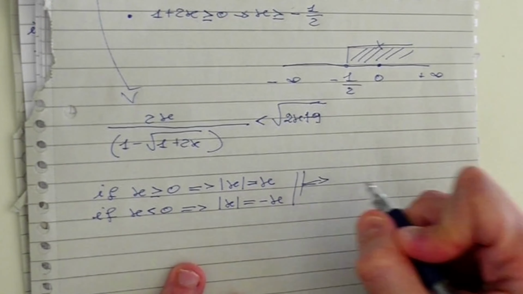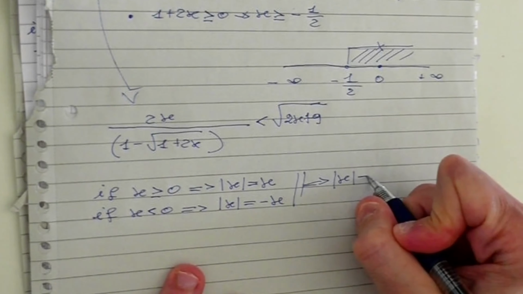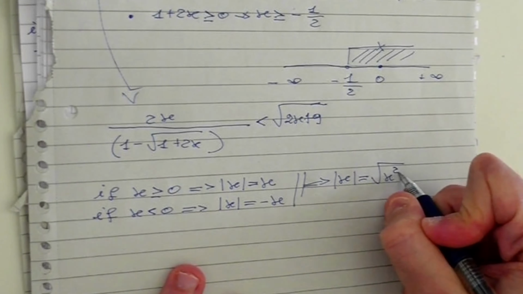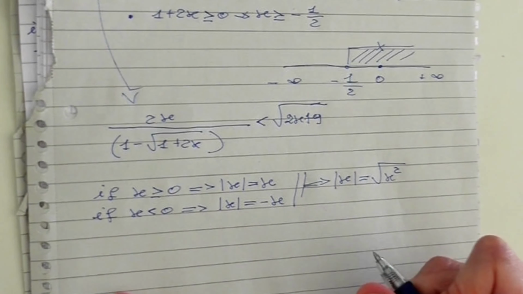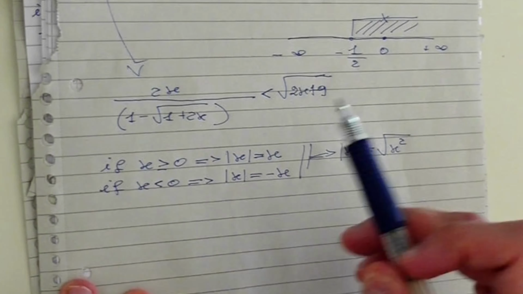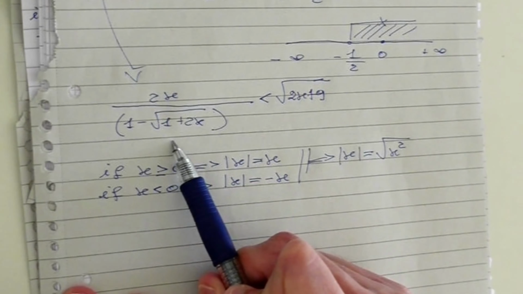Well, we infer that the modulus of x is equal to the square root of x squared. And this is very important. This is basically a way of ascertaining that x be non-negative. Therefore, this term must account for the modulus.